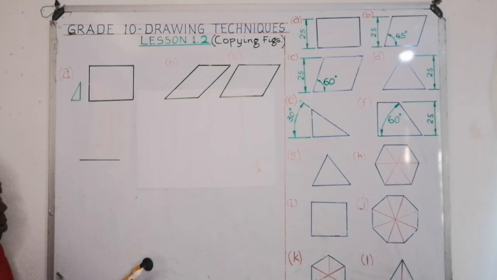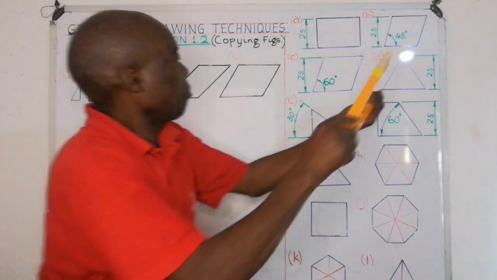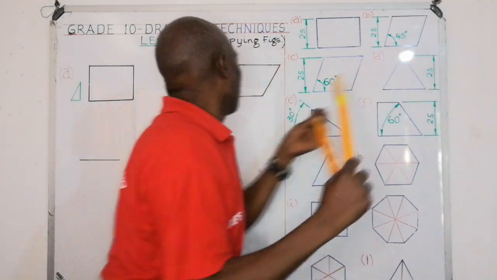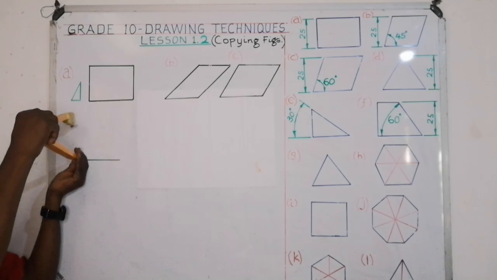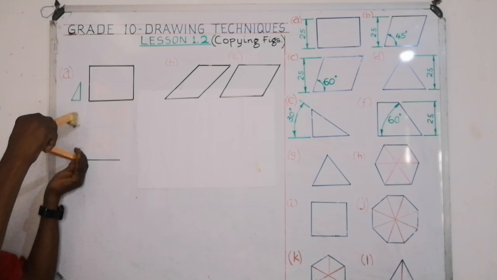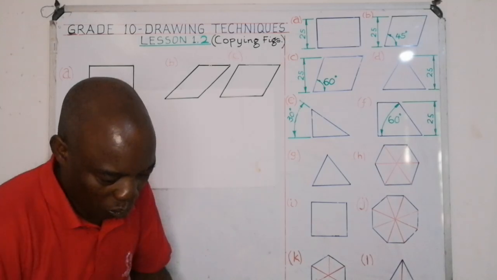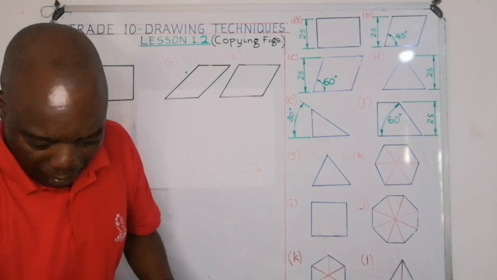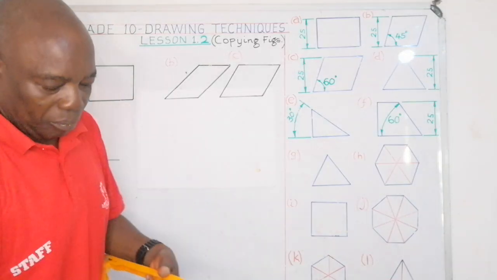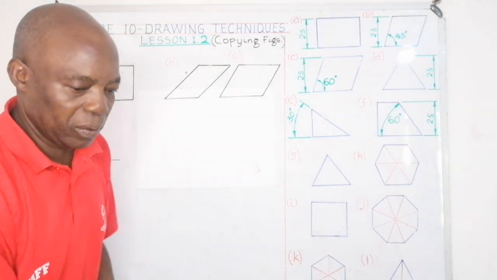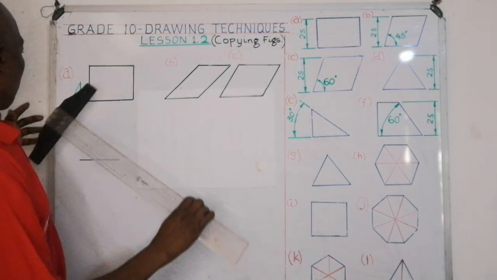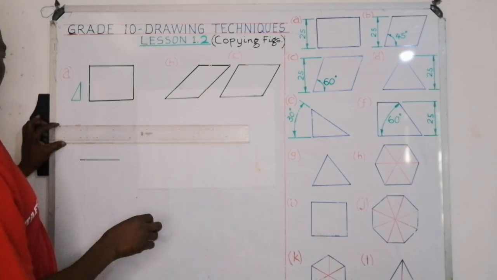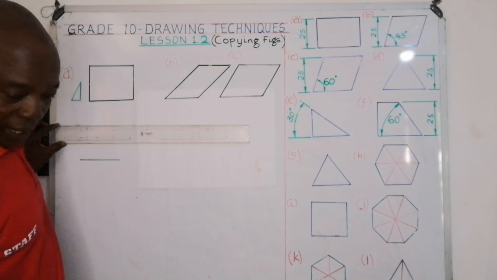Let me use this one here now. 25. Then so I'm going to draw a faint line there.